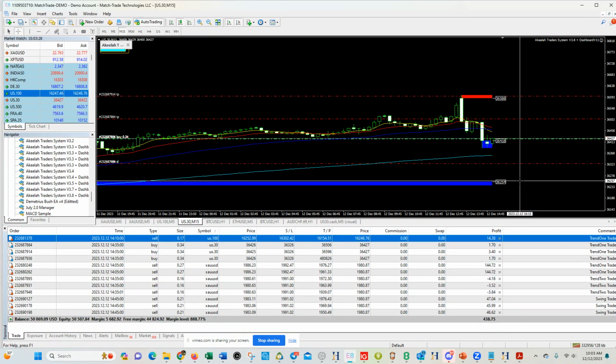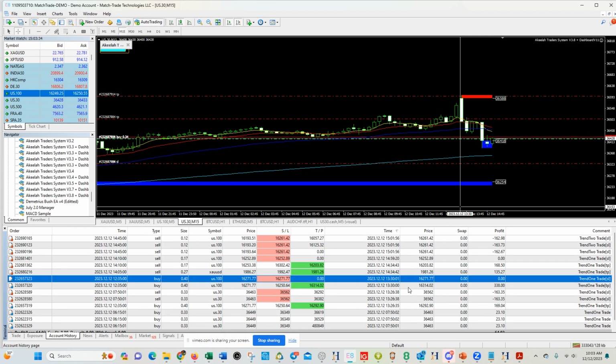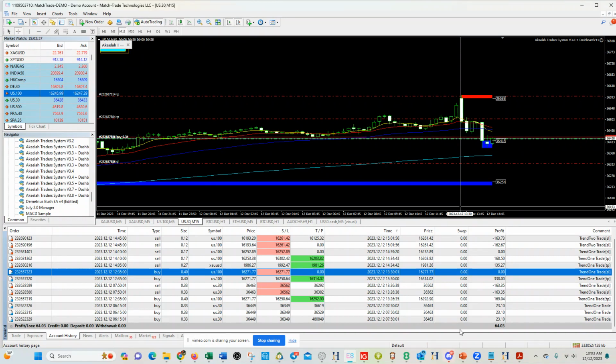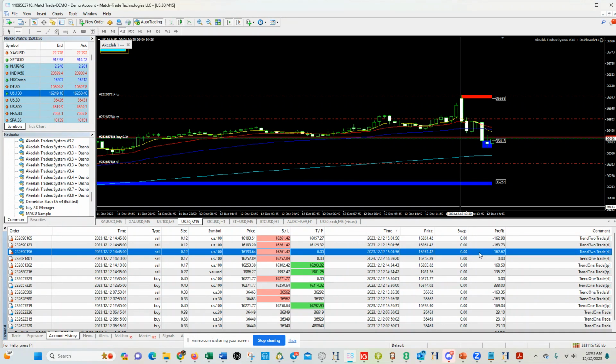So let's go in and see here so far for the day, because we did take a few losses just a minute ago. Where are we for the day on this account? It looks like we're pretty much around break even right now, $60 or so in the profit. You see we had a few losses, these ones that just closed out on NAS when NAS pushed up on us.